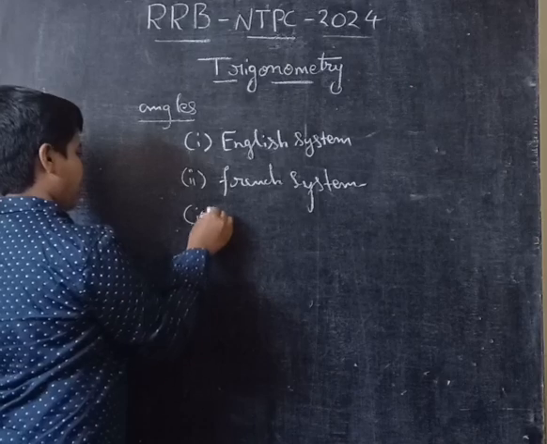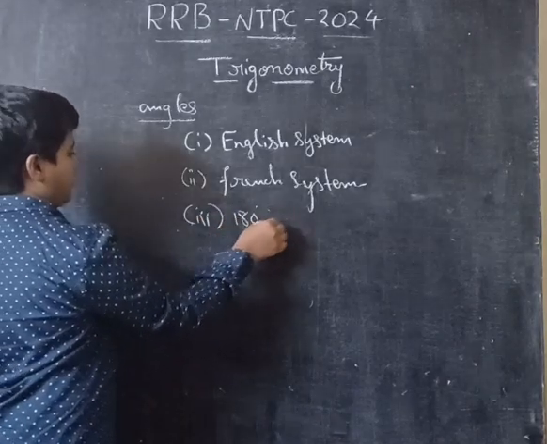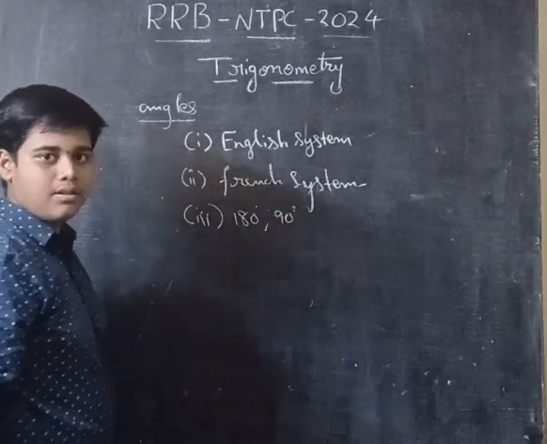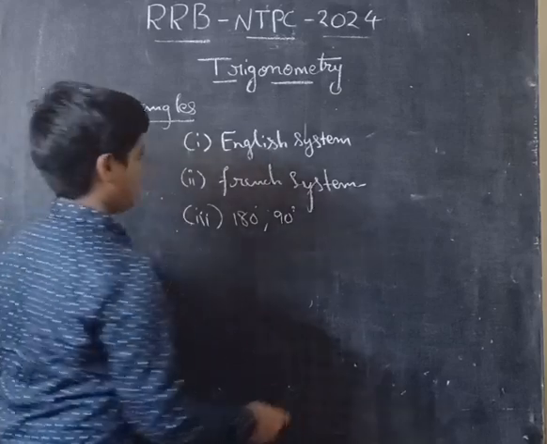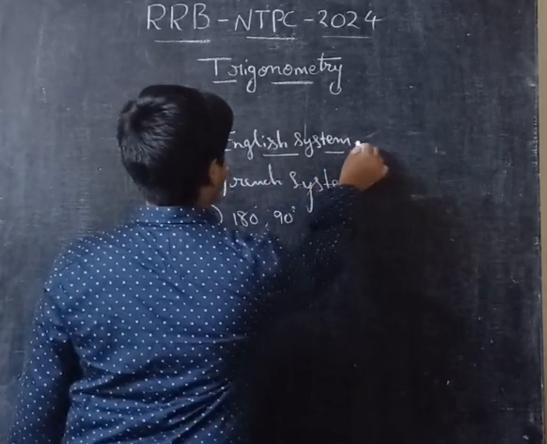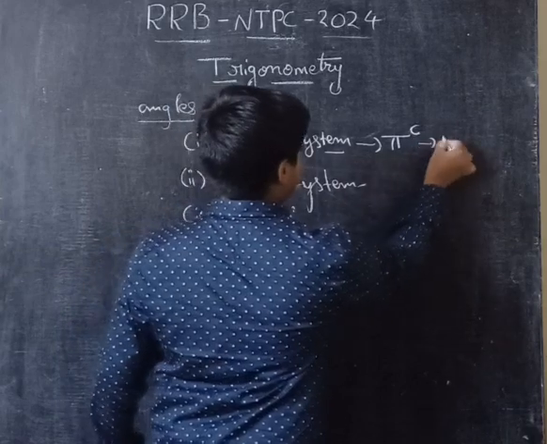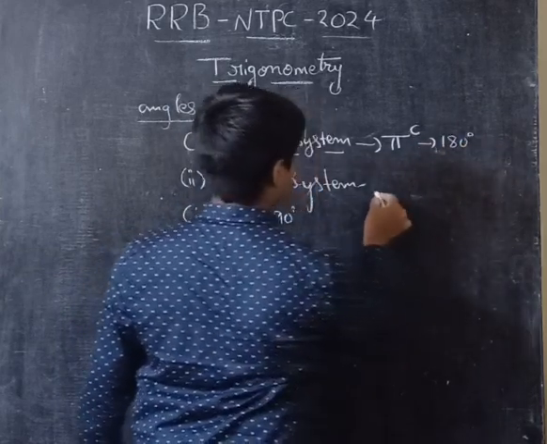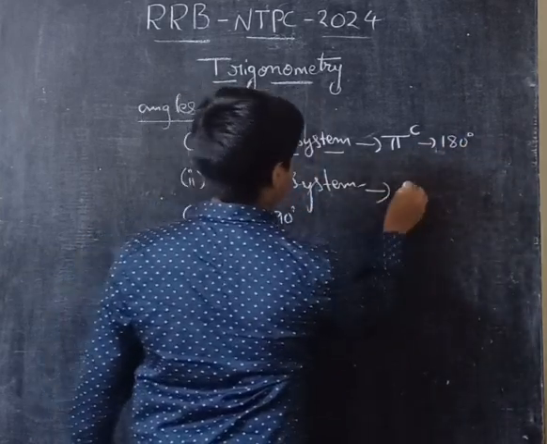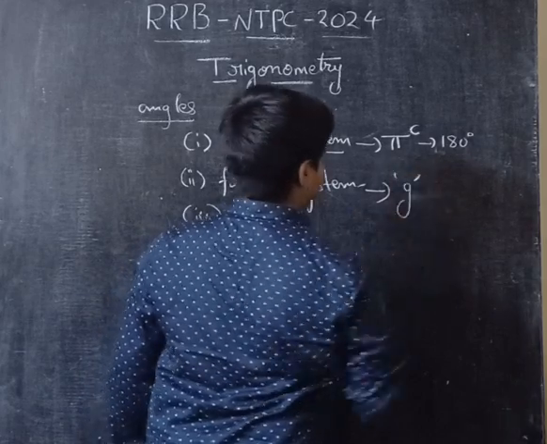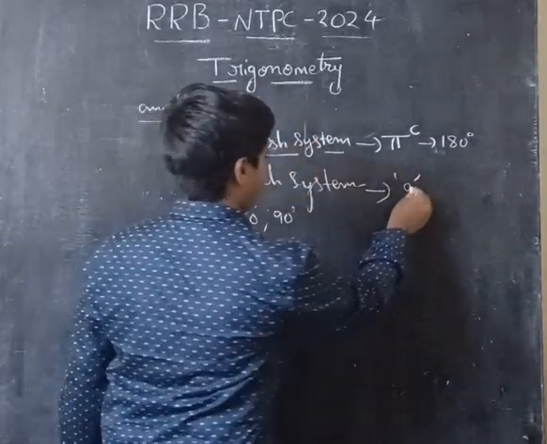Normal means like 180 degrees, 90 degrees. In the English system, we use the symbol pi c. Pi c means 180 degrees. And in the French system, we use the symbol grade G.